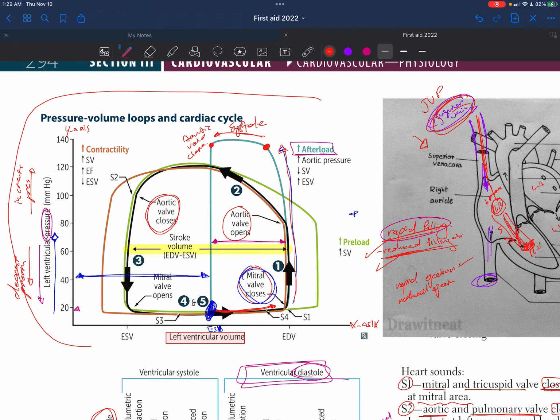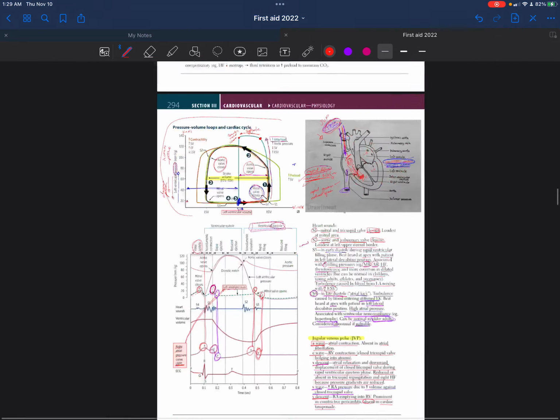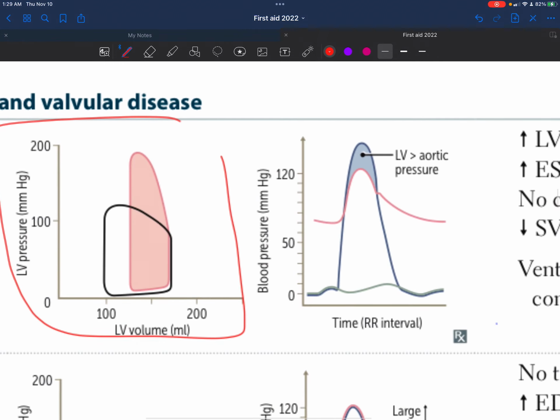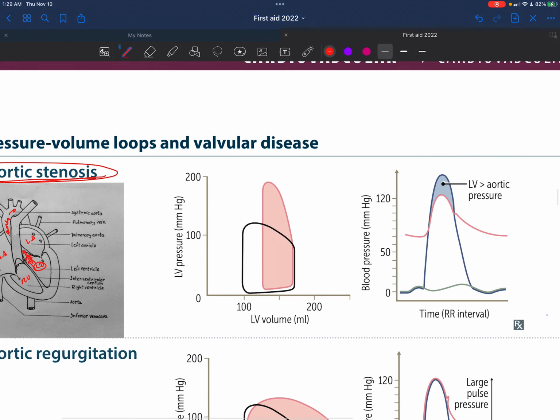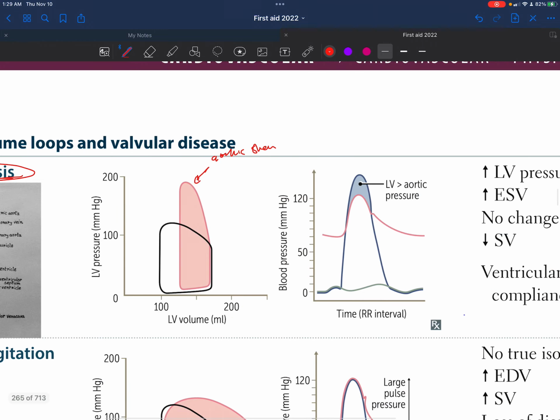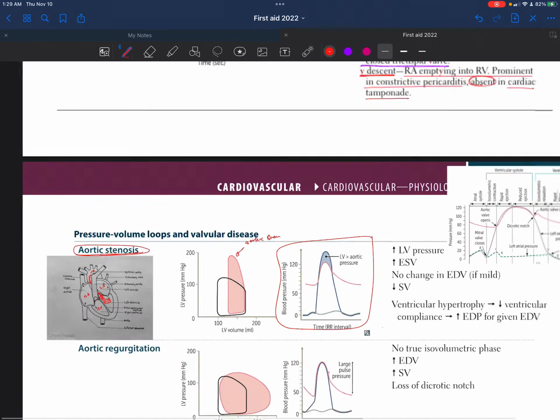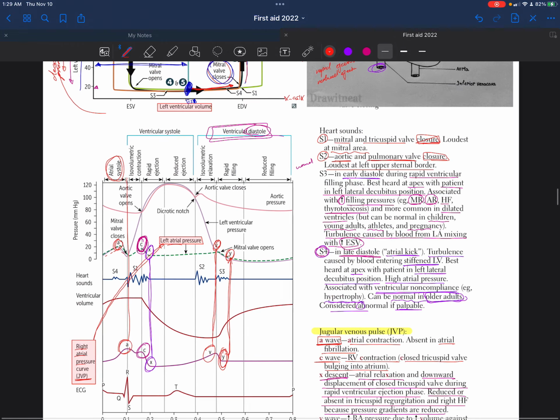The black circle is the normal expected circle in usual human beings without any disease. But the diseased circle, the pink curve, is for someone who has aortic stenosis, while the other part is basically the same as this part.